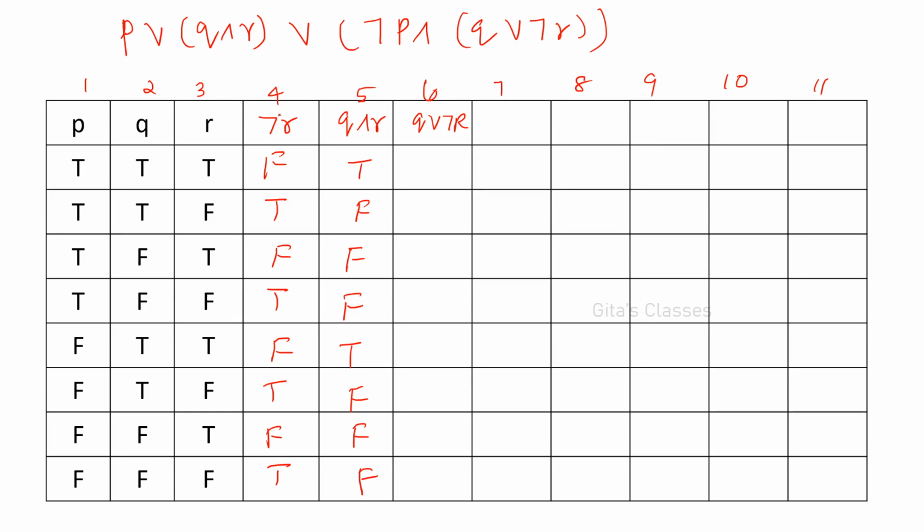In column 2, and not R is in column 4, so or between 2 and 4 means T, T, F, T, T, T, F, T. Yes, correct. Next is not P. Not P means P is 4T, 4F, so 4F, 4T.